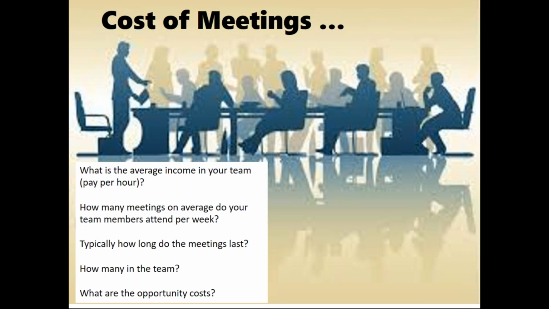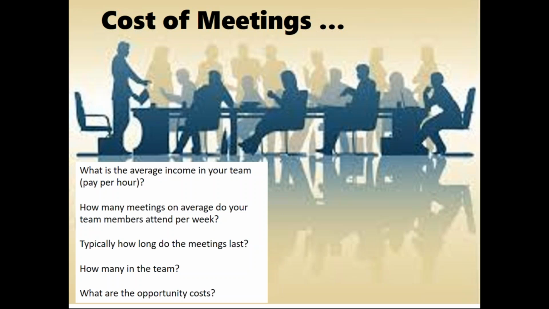And then what you do is you multiply all of those costs, because these are what we call opportunity costs. Because, as I said before, when people are sitting in a meeting, they're generally not doing anything else other than participating, or perhaps even not participating in the meeting. So they're not attending to customer requests, they're not completing reports, they're not necessarily checking emails.